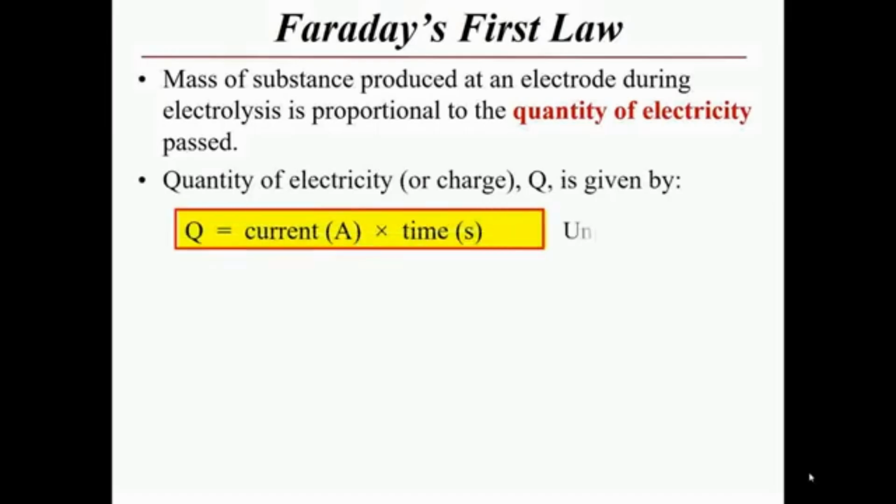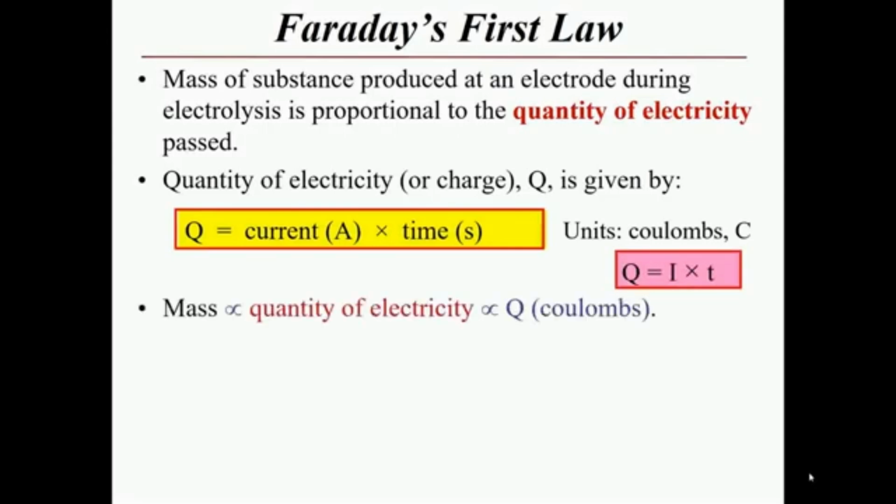The quantity of electricity or charge, the symbol capital Q, is given by current times time. The units are current in ampere and time in seconds. So Q equals I times t.